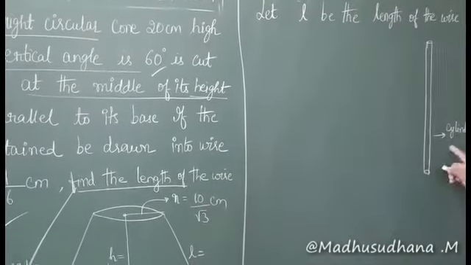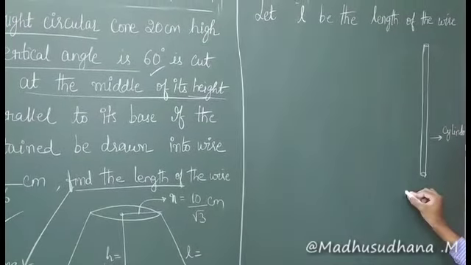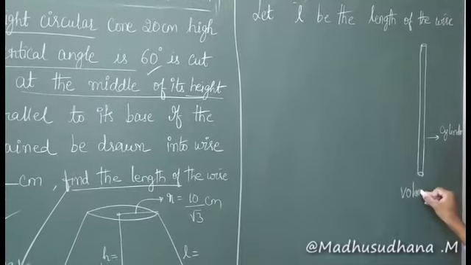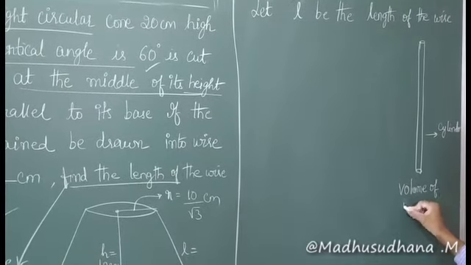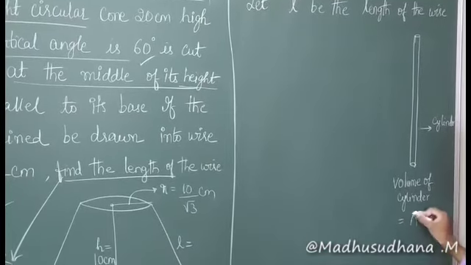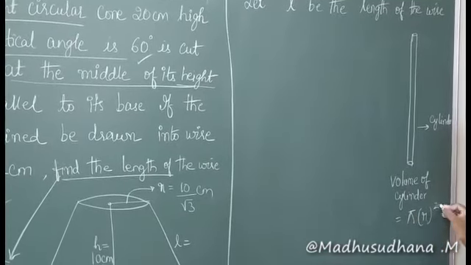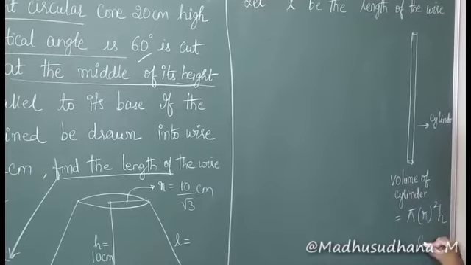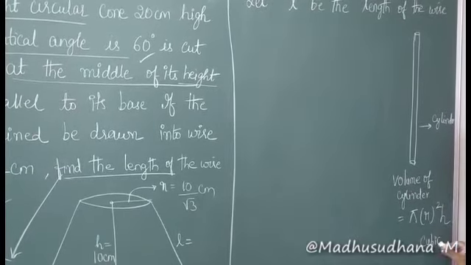And what is the volume of a cylinder? Volume of a cylinder is equal to pi r square h, in cubic units. You will have to remember this.